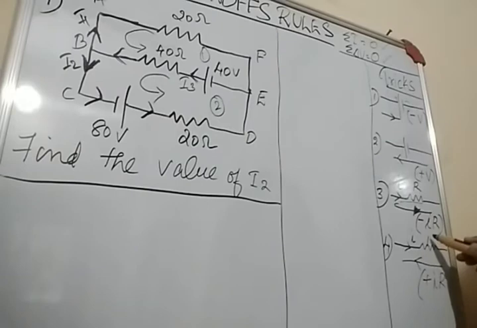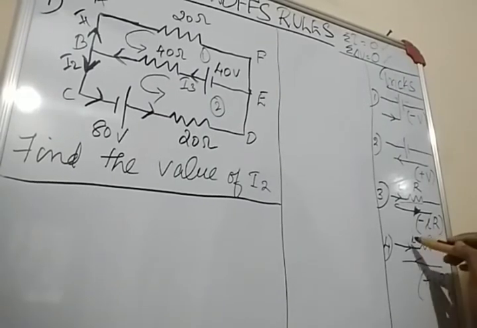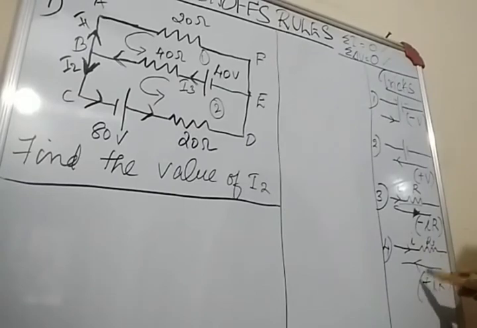In such cases, the potential drop IR across this resistor R is considered as plus IR.